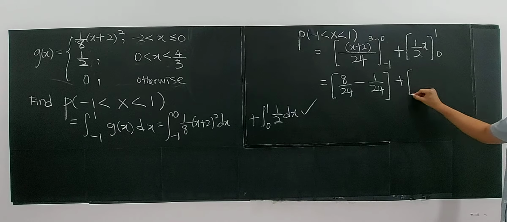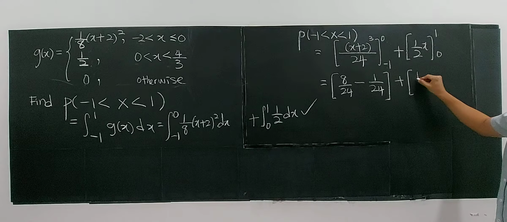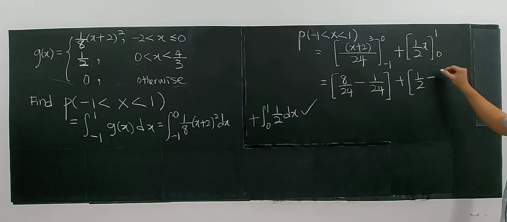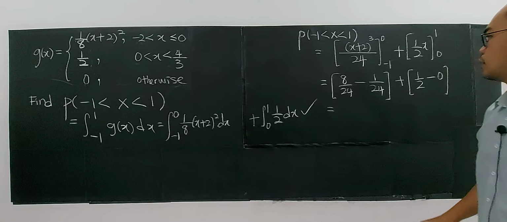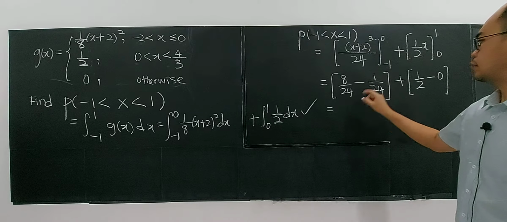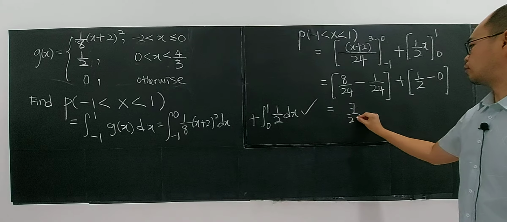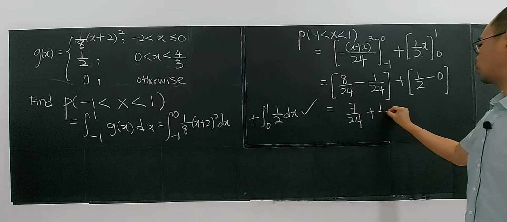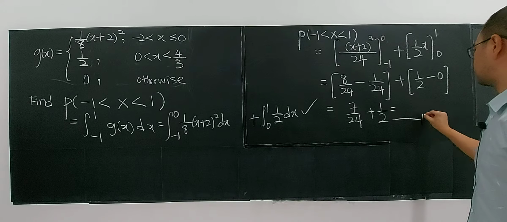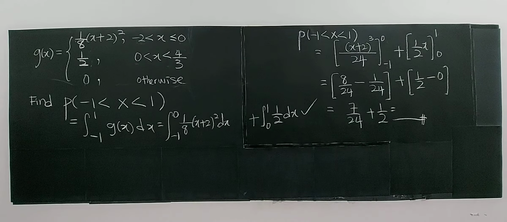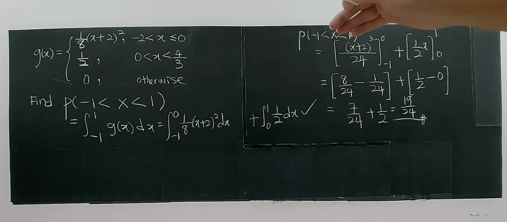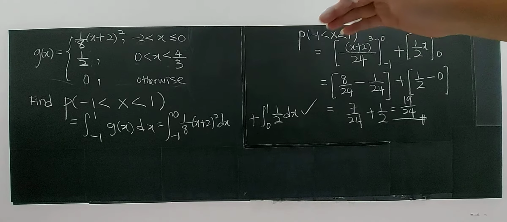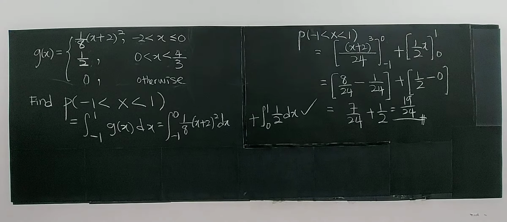For this one, you have 1 over 2 times 1, minus 1 over 2 times 0. So if you total up the probability, 8 minus 1, you have 7 over 24 plus 1 over 2. Then you will get the required probability. So you are getting 19 over 24 as the probability for x between negative 1 and 1.